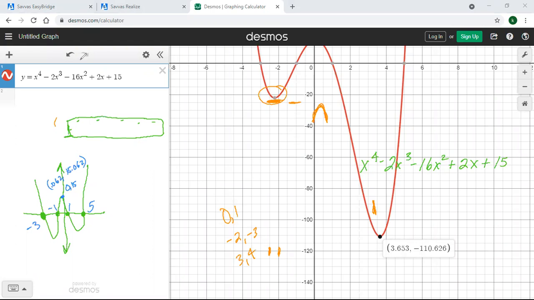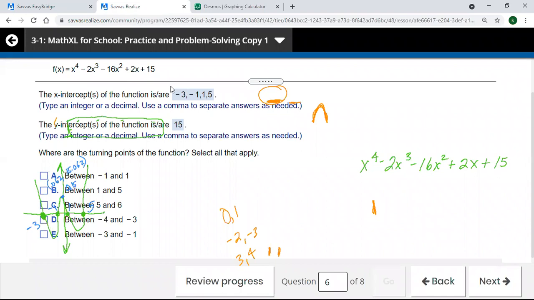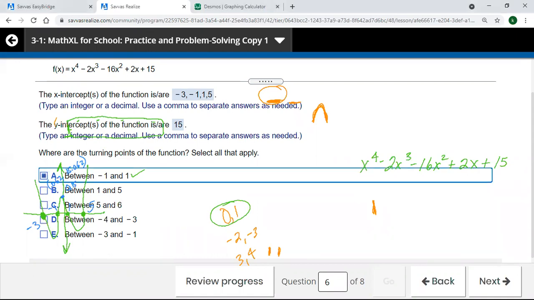So what does Savas show for our options for the turning points? Negative 1 to 1 here. Negative 1 to 1, 0 is between there. So I think that would be what we would use for that one.